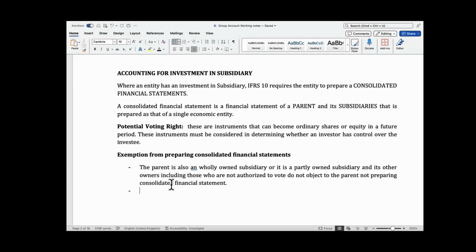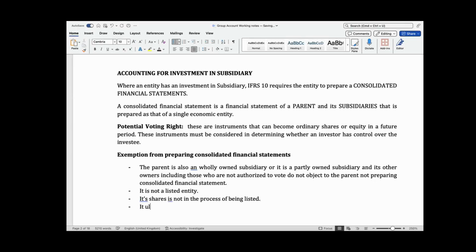Also, it is not a listed entity, meaning the parent is not a listed entity. Or you can say its shares are not in the process of being listed. That is, it is not a listed company, or its shares are not in the process of being listed, you are exempted. You don't have to prepare consolidated financial statements.